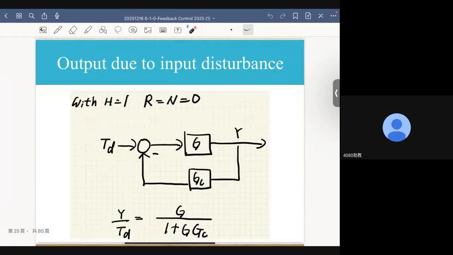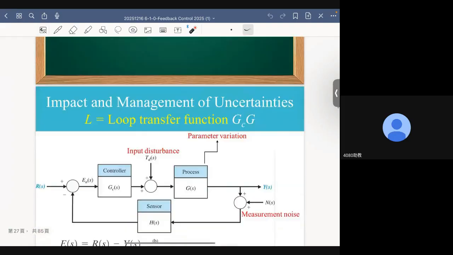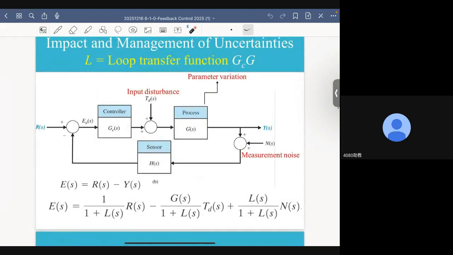Now, the next thing we want to do is understand the output error, because the output error is something we want to minimize.